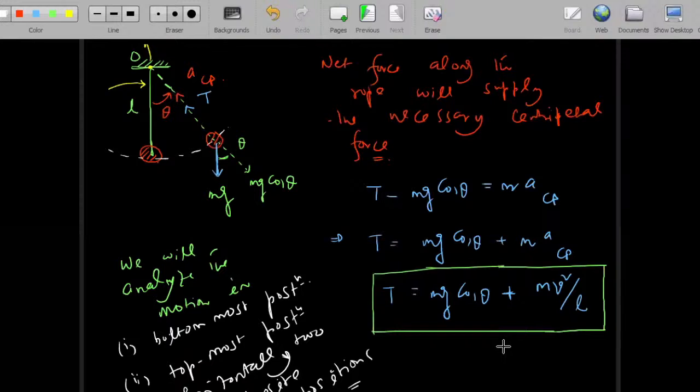So these are the positions in which we will analyze the motion. Okay, no? There is no doubt. So let's do it.